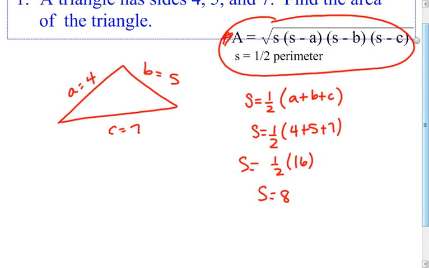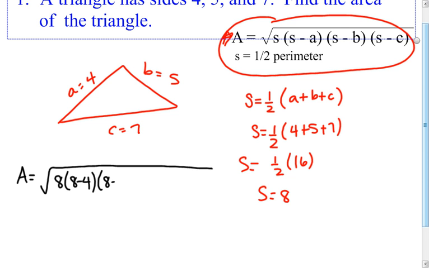Then you're going to plug that into this formula right here. So in order to find the area, I will take the square root of 8 times 8 minus side A, which is 4, times 8 minus side B, which is 5, and 8 minus side C, which is 7. If you want to plug this into your calculator exactly like you see it, that's fine.